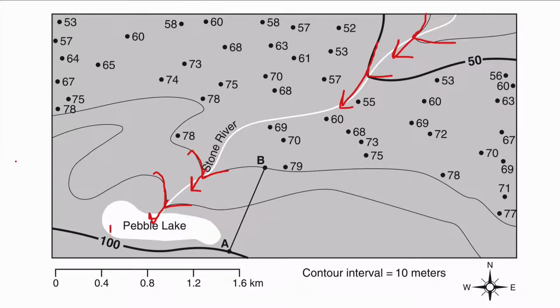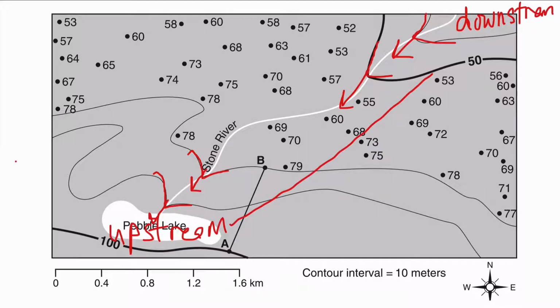So that would make Pebble Lake the upstream part, and up here, the downstream part. And rivers flow from upstream to downstream. Stone River happens to be flowing to the northeast.